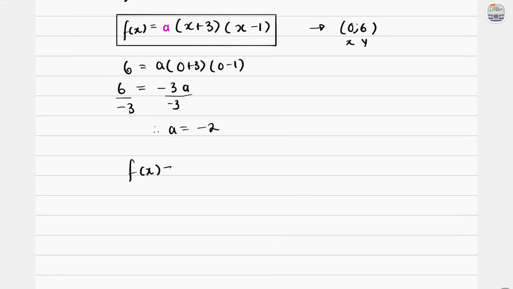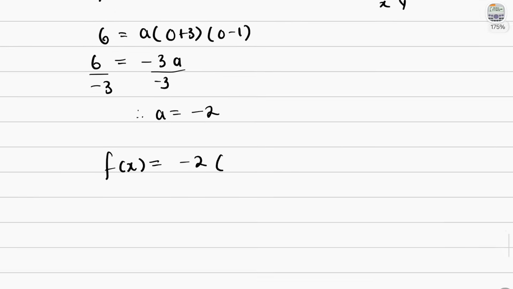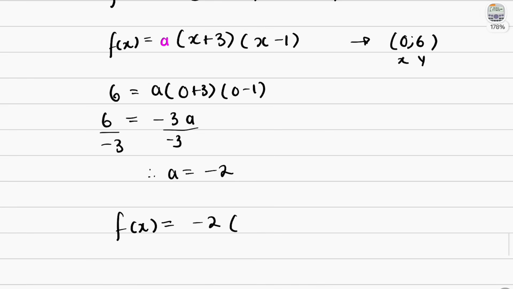So this is f of x is equal to -2 multiplied by, and I'm just going to go ahead and start foiling out. So multiply, that gives you x squared. Then if you multiply there, you get -x, and then 3 times x is positive 3x. But together they will give you positive 2x, and then 3 times -1 is -3.